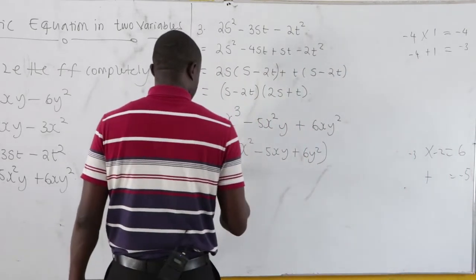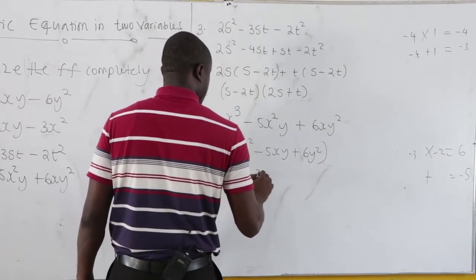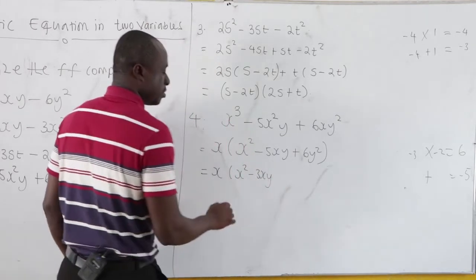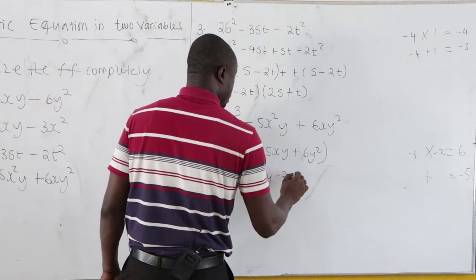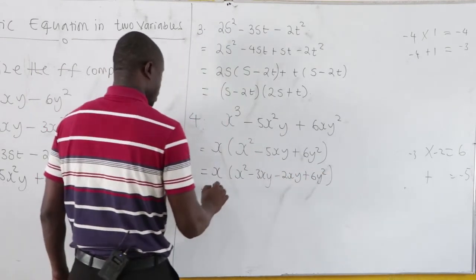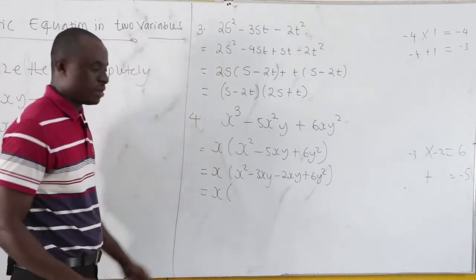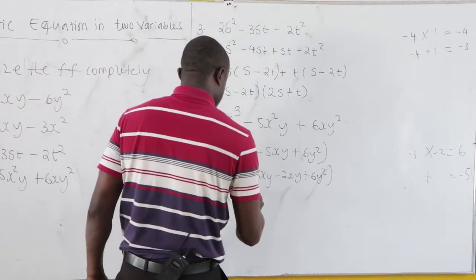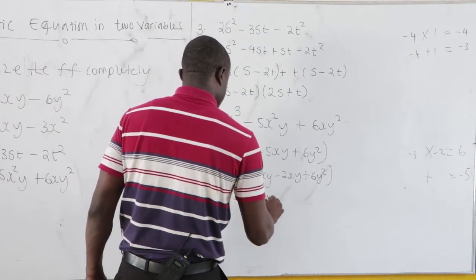So we have x squared minus 3xy minus 2xy plus 6y squared, with our x over here. Now x is common, we bring x out, so you have x minus 3y.